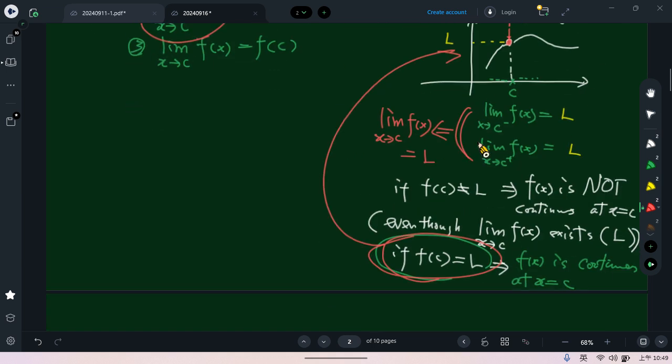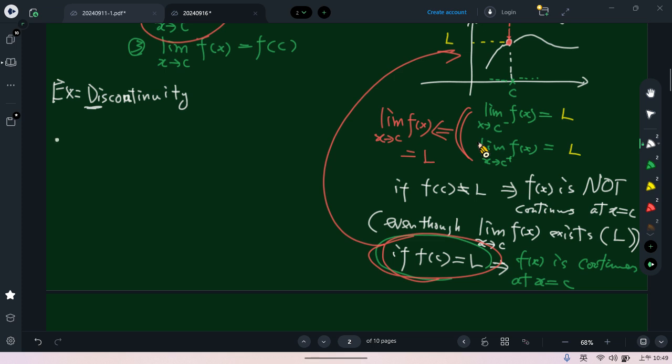So of course there are some examples of discontinuity, which means the function is not continuous.